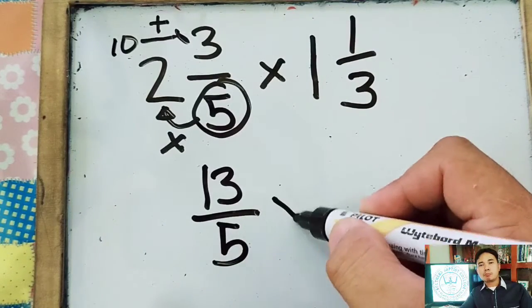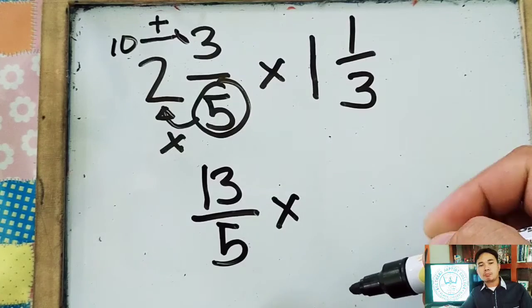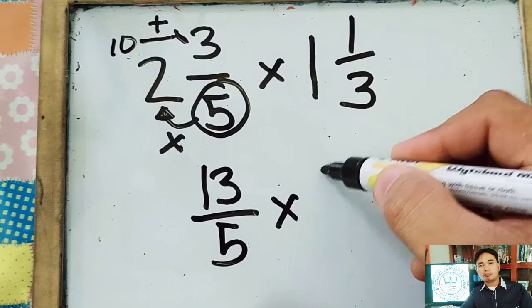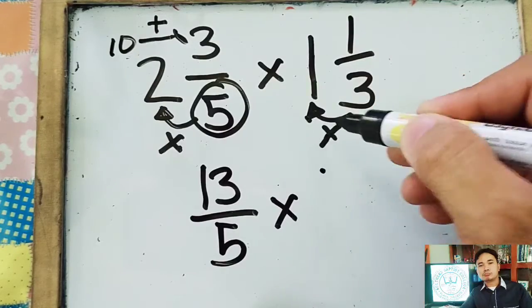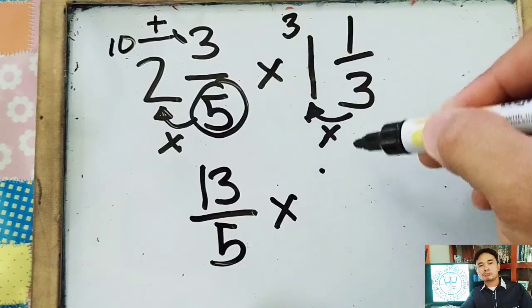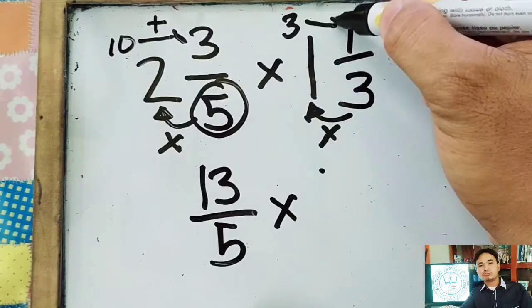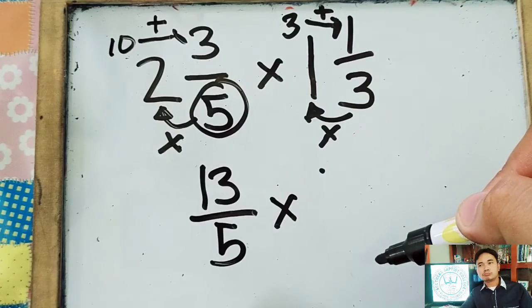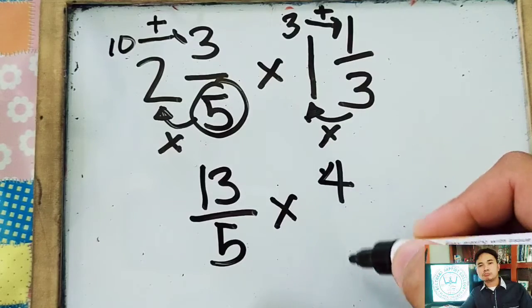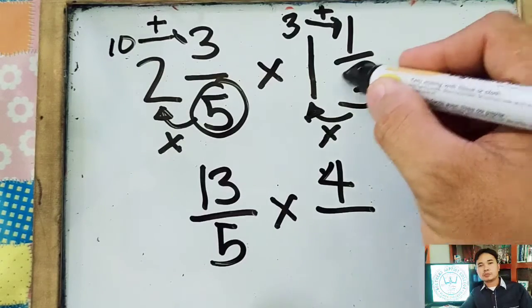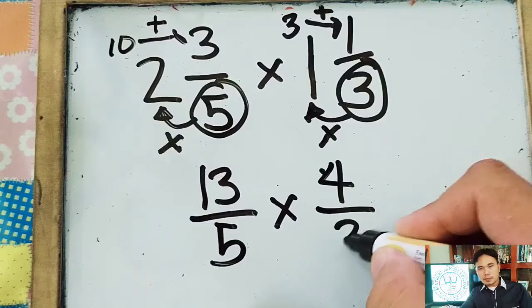Okay? Do the same with the other mixed number. Denominator multiplied with whole number. 3 times 1 is equal to 3. So, 3 plus the numerator 1 is equal to 4. So, 4, copy the denominator na 3. So, 4/3.